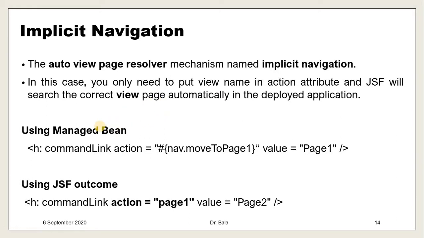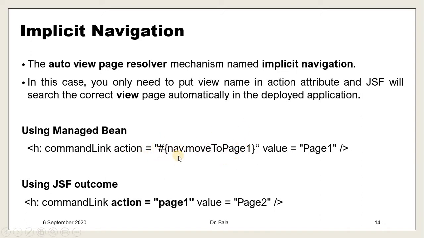It can be done in two ways. One is you connect through a managed bean, or otherwise you can use the JSF outcome, which we previously saw, I mean action with the value. Value is the anchor text, action is the page. In the managed bean we have a value which is the display name, but the action comes from the managed bean.